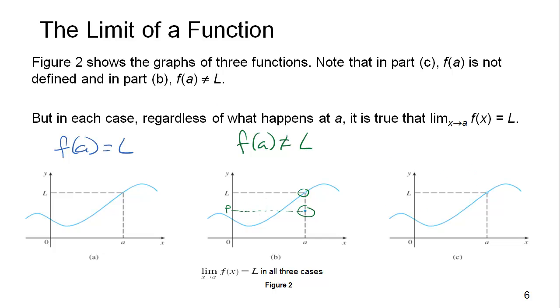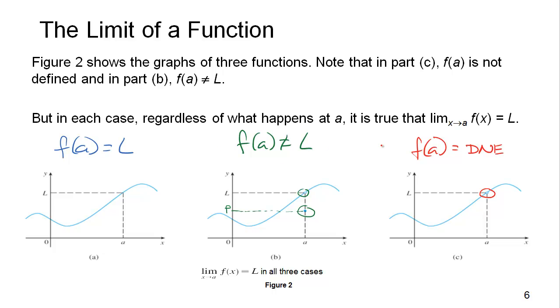And then the last version, the one on the right, f of a just does not exist. It's not defined. There's a hole in the function, and it's not redefined anywhere else.